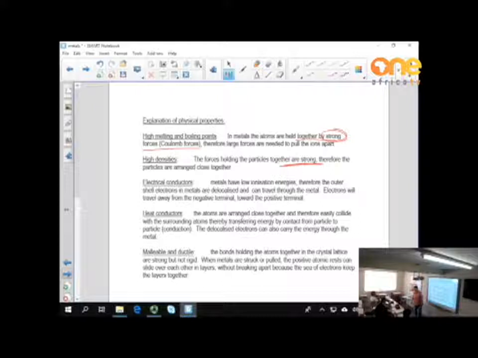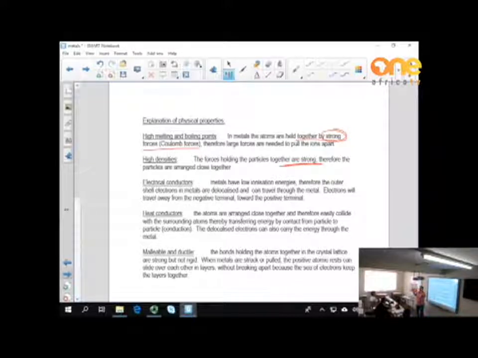Why can they conduct electricity? Now, yes, but why does the outer shell electron become delocalized? We say that metals have low ionization energies. Now, ionization is the energy involved in removing an electron from the outer shell, taking it away to infinity.